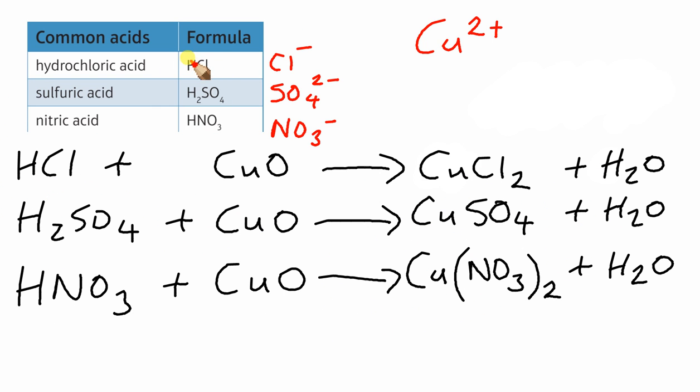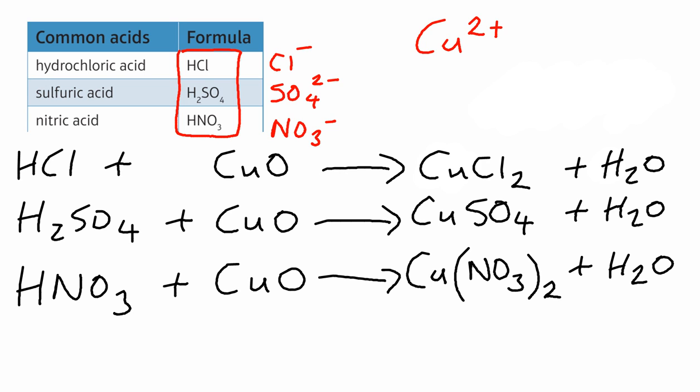Okay, so what I have here, I've looked at the formula for the acids. Obviously we know the hydrogens dissociate, so I'm left with a chloride ion, Cl-. The sulfate ion is SO4 2-, and the nitrate ion is NO3-.